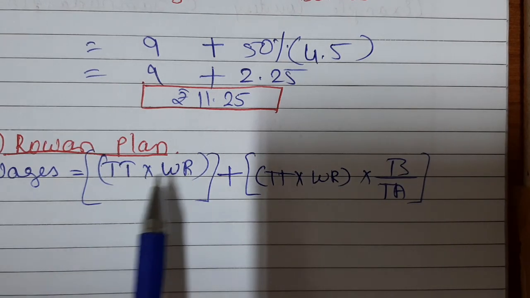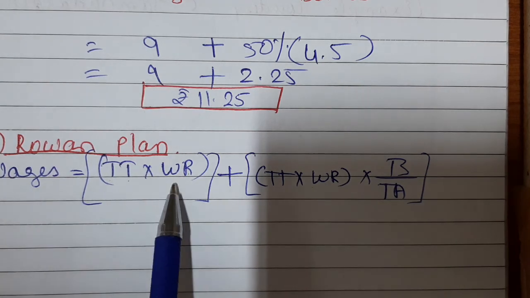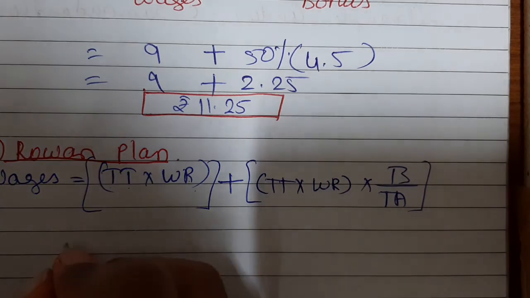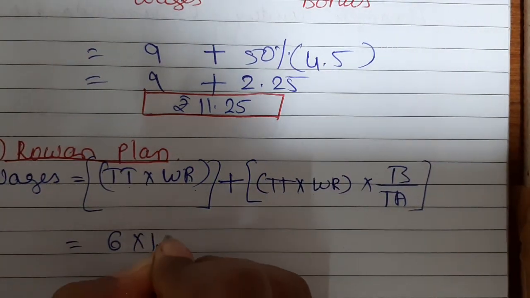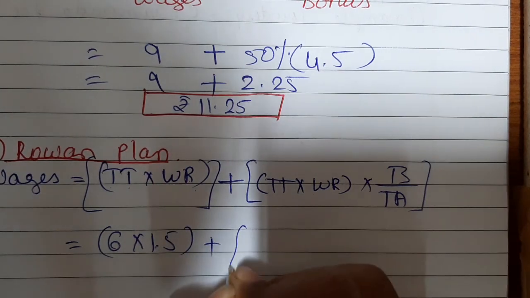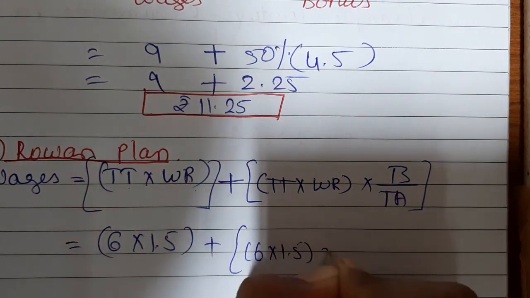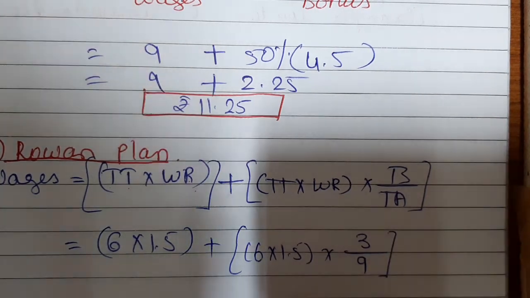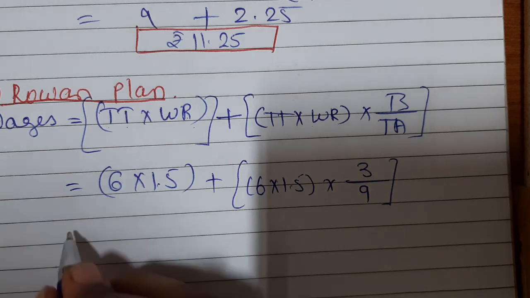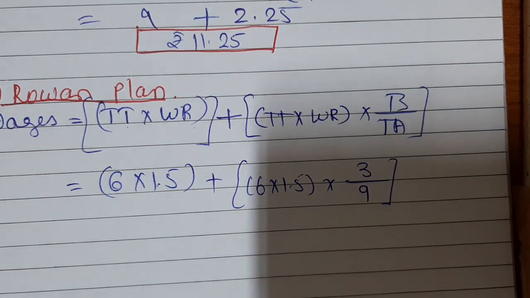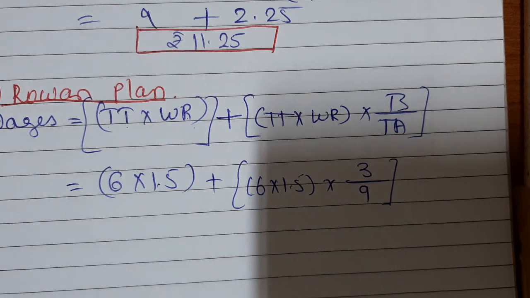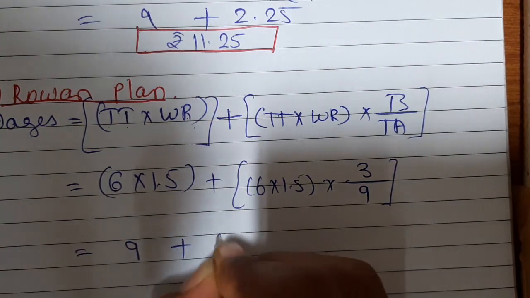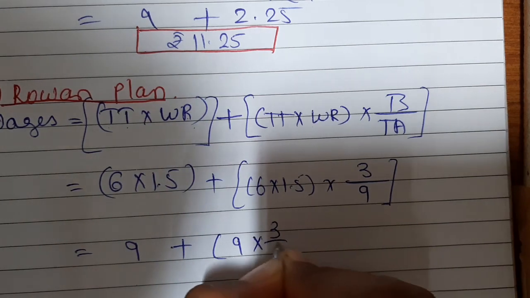You can also write it like this: actual time into labor rate. So time taken is 6 into 1.5 plus 6 into 1.5 into time saved 3 hours upon time allowed 9 hours. So here 6 into 1.5 would be 9, so 9 plus 9 into 3 by 9.